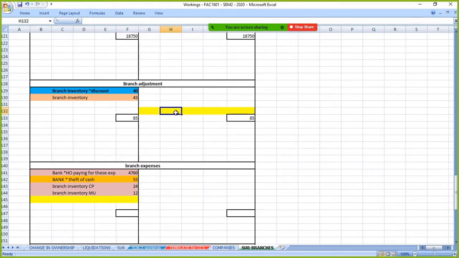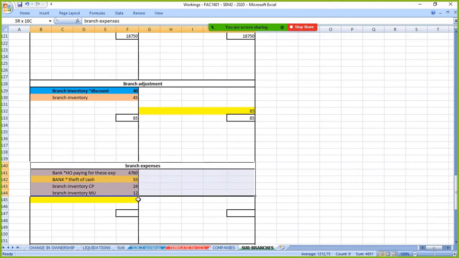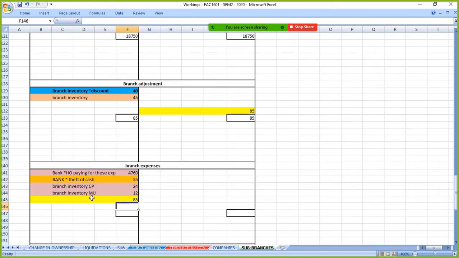So I've got 85, and I've got 85. Branch adjustments. Then I just need to add up. Branch expenses, I can just sum up.